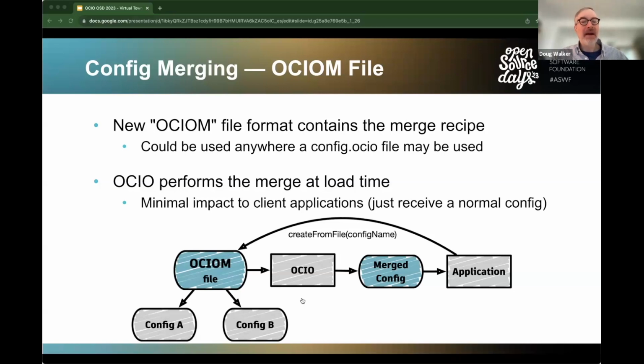For example, if an application is using the create from file command to load a config, and that's a path to an OcioM file, it would be transparent to the application. The Ocio library would load the OcioM file, merge the configs, and pass the merged config back to the application. So it's essentially transparent to the application. Next slide, please.